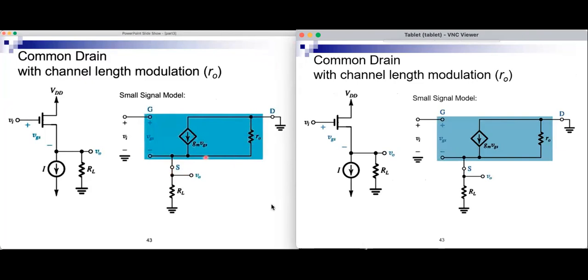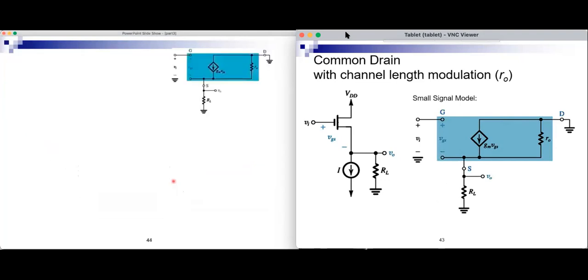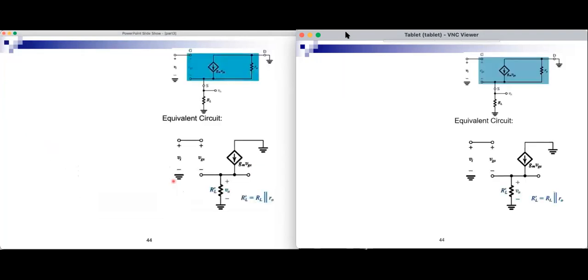And this means that it's actually in parallel with RL. So RO can be connected in parallel with RL. I can reuse the same equations, but instead of RL, I will write RL parallel RO. So I get the same circuit, but with an R prime L instead of RL, which is RL parallel RO.